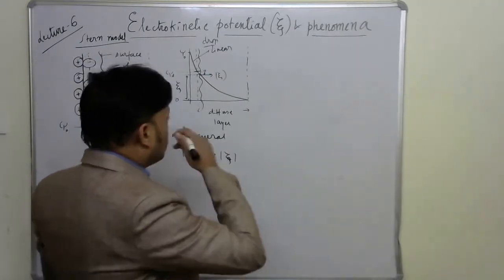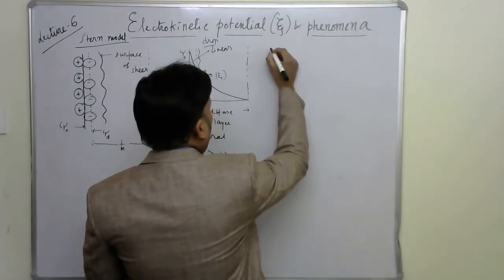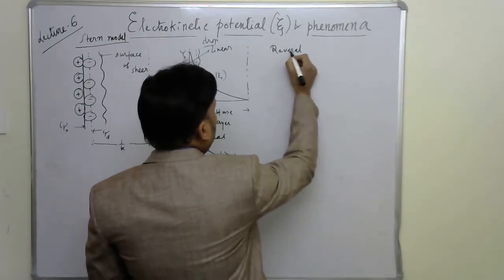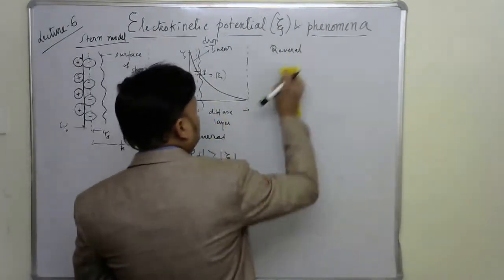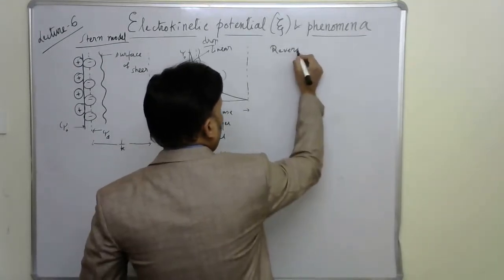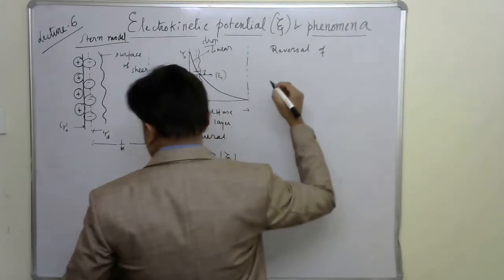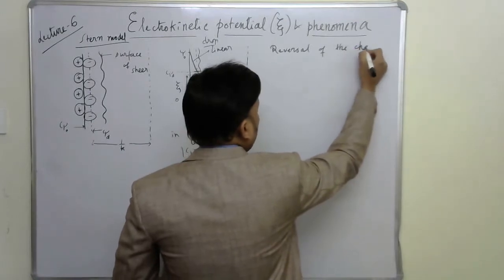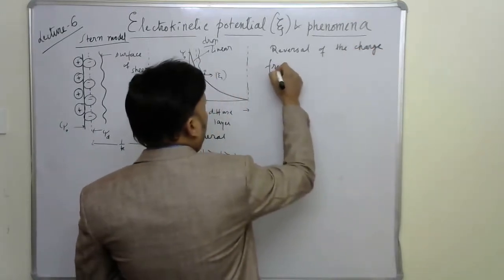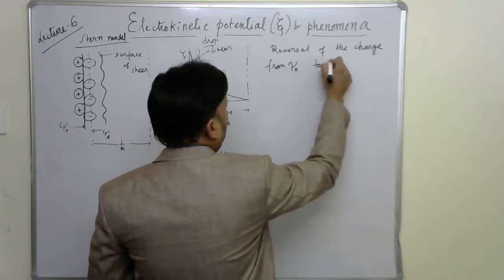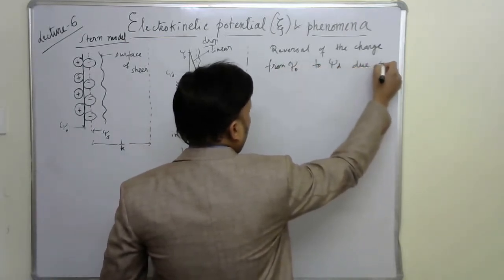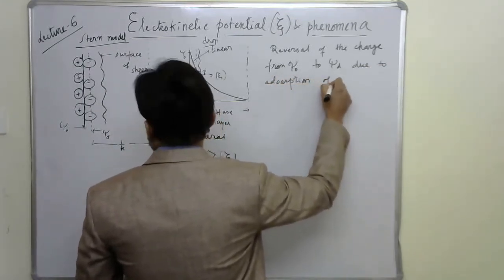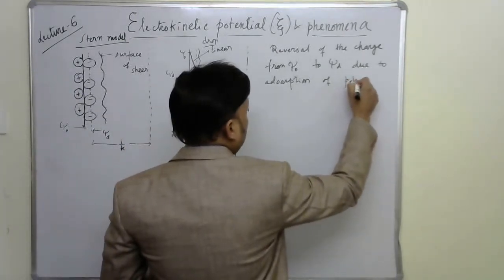The first thing that I want to talk about is the reversal of the charge when we go from psi 0 to psi d due to adsorption of polyvalent counterions.